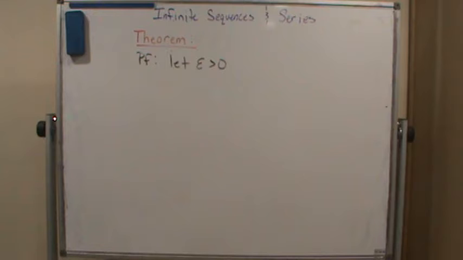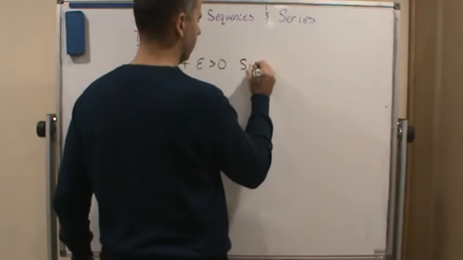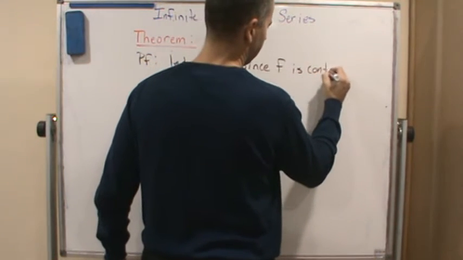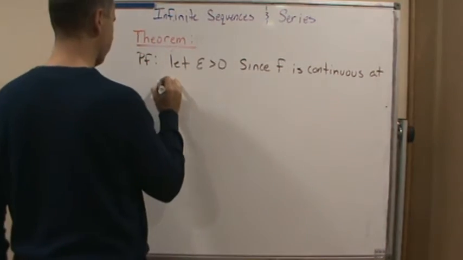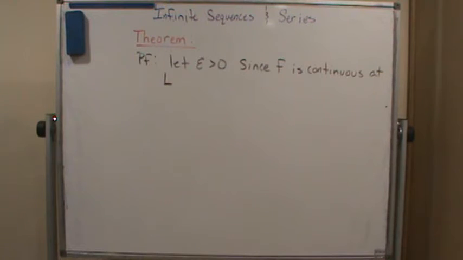Now, again, what are the assumptions? We know f is continuous at L, right? So since f is continuous at L, what do we know? Then there has to exist a delta. So we're talking about the limits of functions now. There has to exist a delta greater than 0.